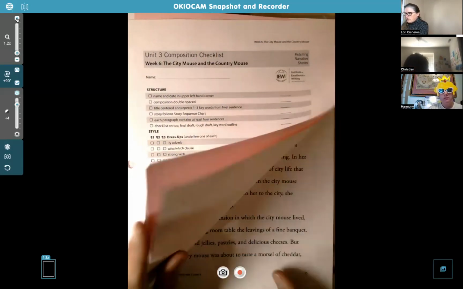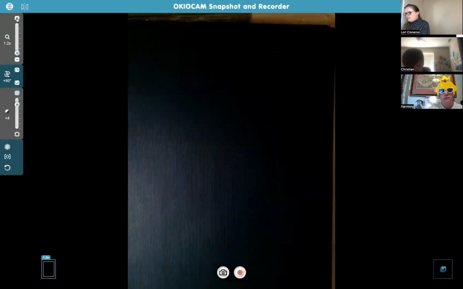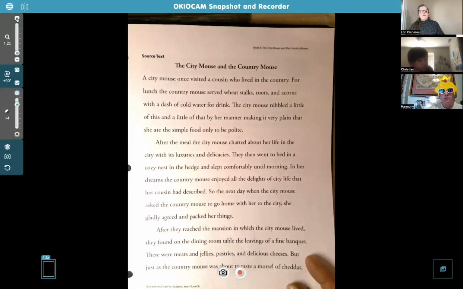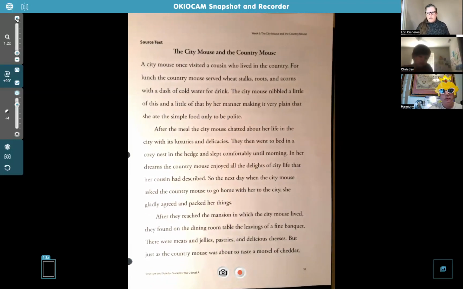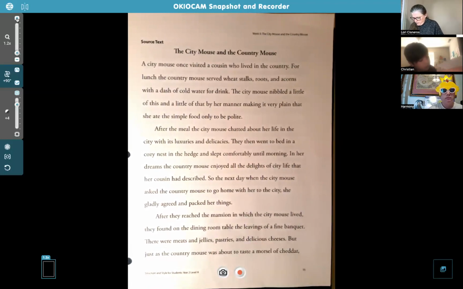Okay, let's go to the story next. The city mouse and the country mouse. By the way, there's a lot of different variations of this story, but the basic plot of the story is the same, but there's lots of different versions of this story. All right. And so what we're going to do is read it, and then we're going to set up a story sequence chart like we did for the Emperor in the Soup.